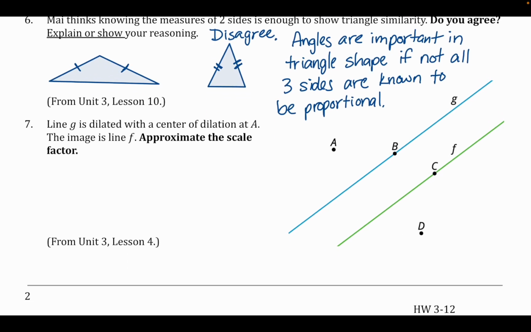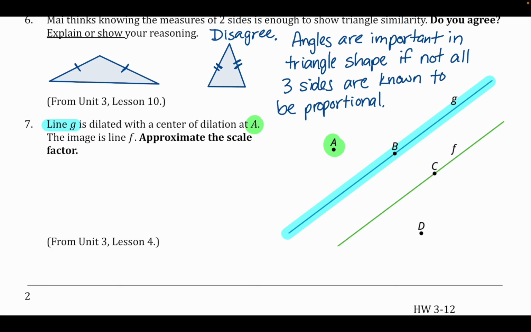Okay. Then question 7, we have line G is dilated with a center of dilation at A. Okay, center of dilation at A. A is here. And then we are talking about line G. That is this line here.